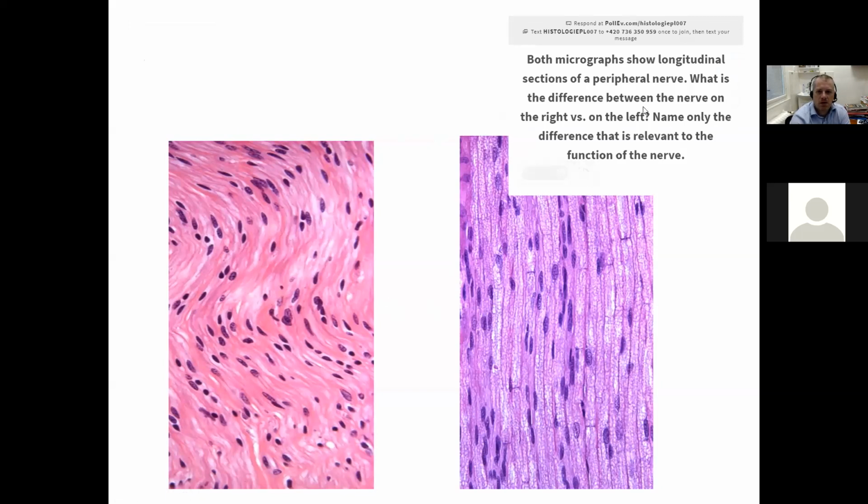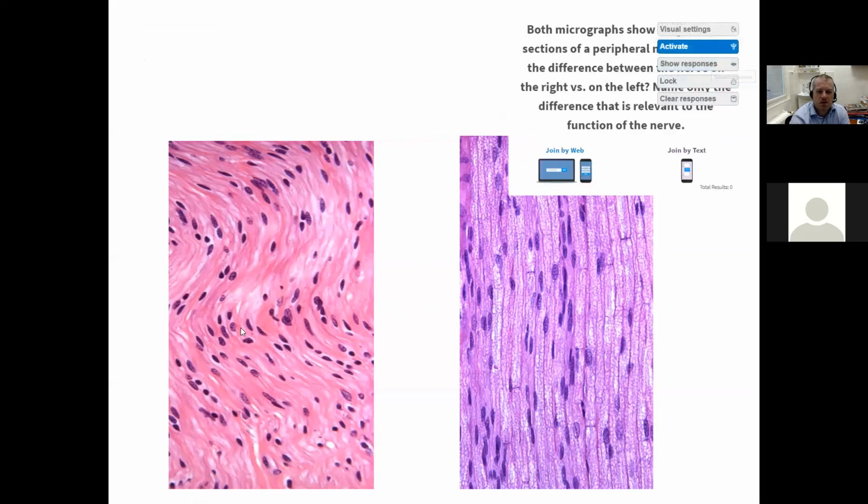I wondered if you can notice some difference between those, and just ignore the fact that this one has a wavy appearance because that's a result of the post-mortem contraction of the tissue, and this one has been cut in a stretched condition that did not allow this post-mortem kind of contraction. Look at the composition and the histologic appearance.